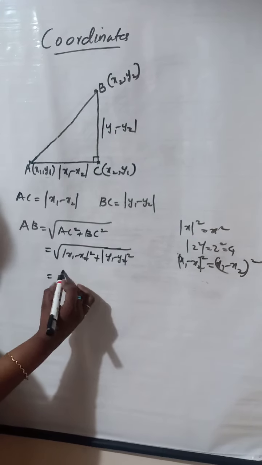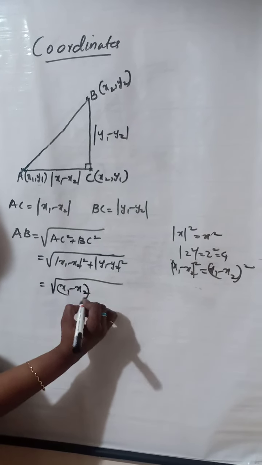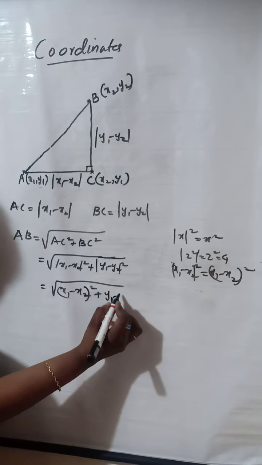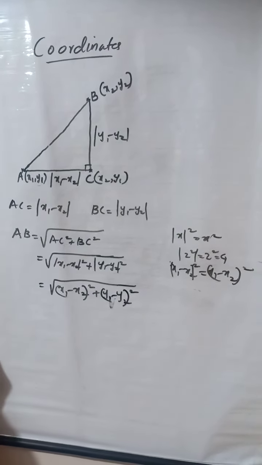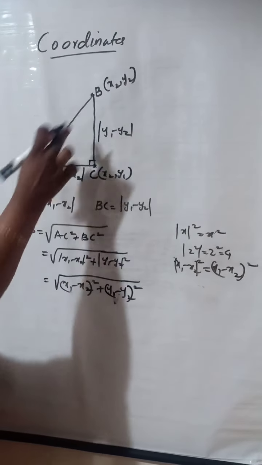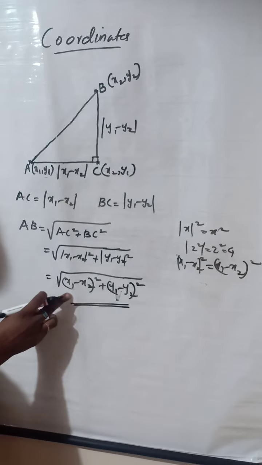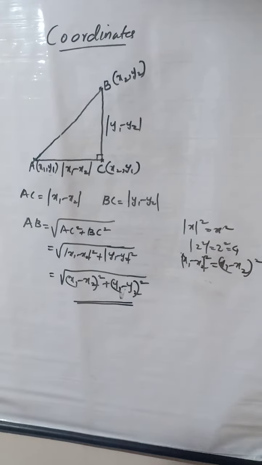So we can use that value here. So (x1 minus x2) whole square plus (y1 minus y2) whole square. For finding the distance between the coordinates (x1, y1) and (x2, y2), we can use this formula: root of (x1 minus x2) whole square plus (y1 minus y2) whole square.